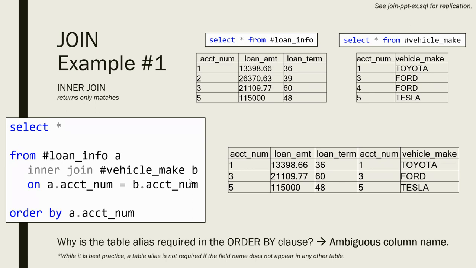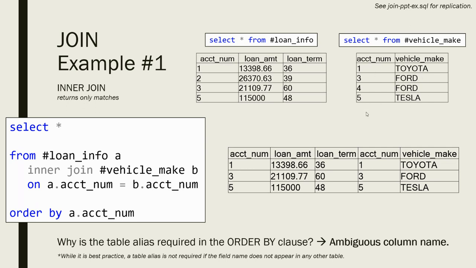For this example, we're just interested in what's going to be returned when we execute a join. Going back to the ON, the join criteria, we're joining account number in table A, which is our loan_info, on account number in our B table, the vehicle_make table, our right table.